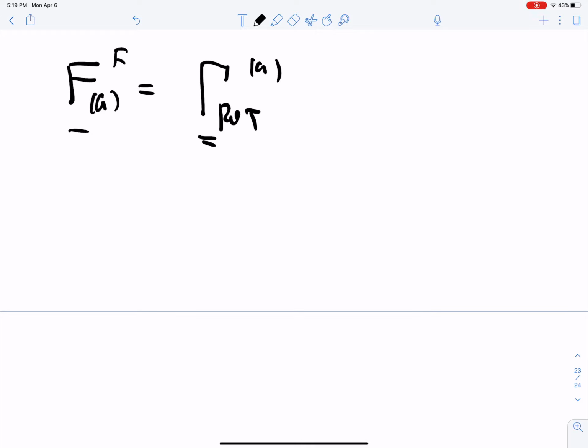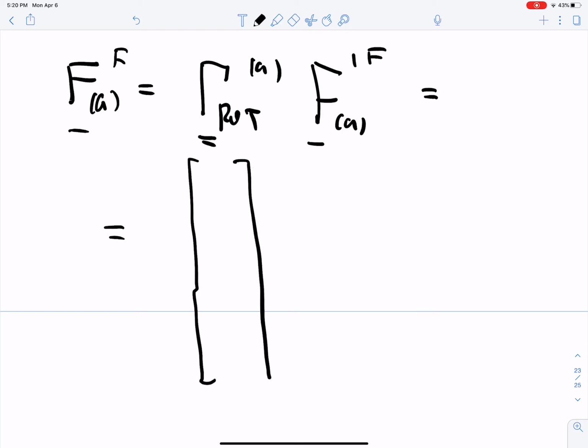Now in the global coordinate system, the contribution from element A can be obtained by taking the rotation matrix A multiplying by F prime F, and if you carry out that multiplication, an interesting thing happens.